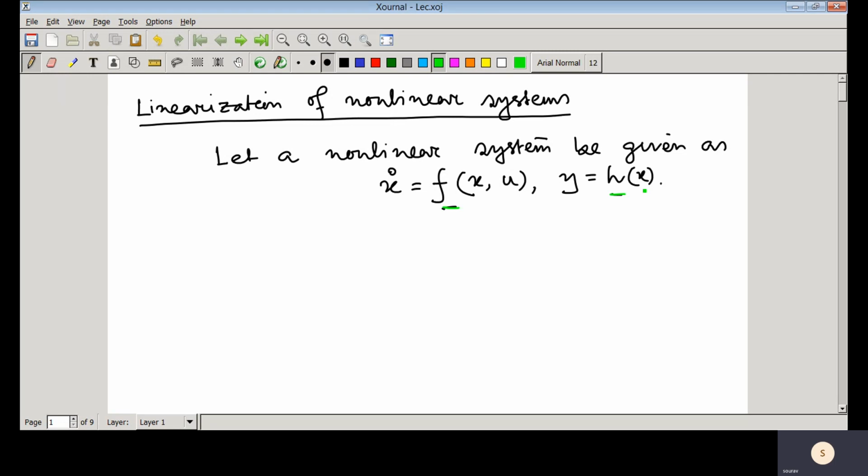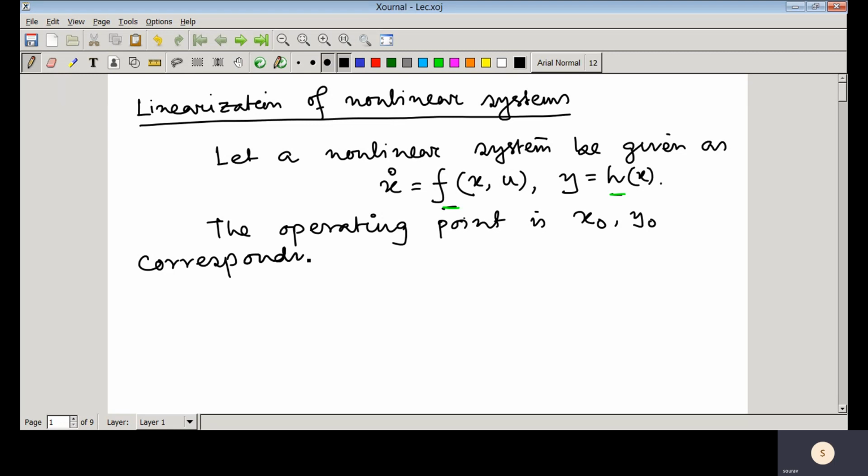So let us assume the system has one operating point, and that operating point may be an equilibrium point or any arbitrary point. We assume that the operating point is x0, y0 corresponding to the input u0.